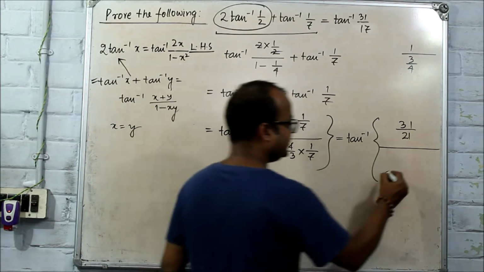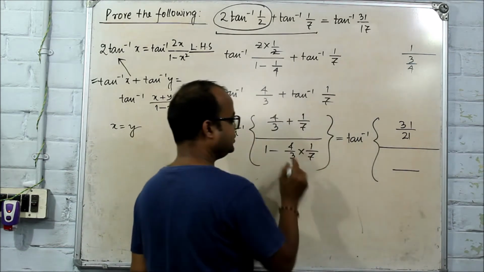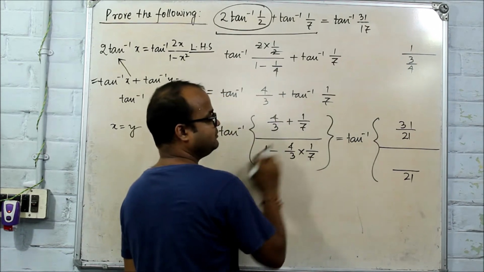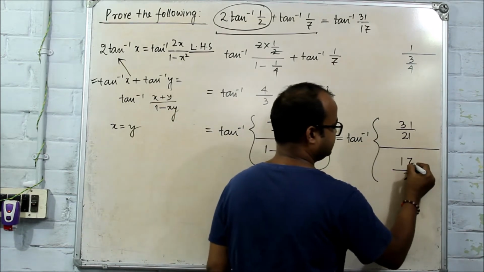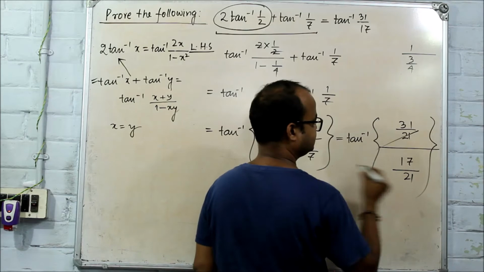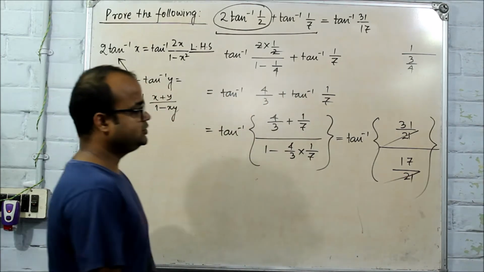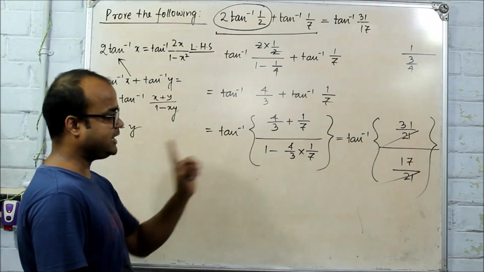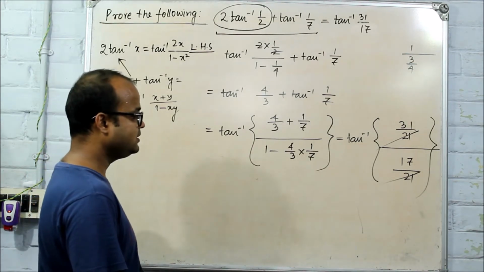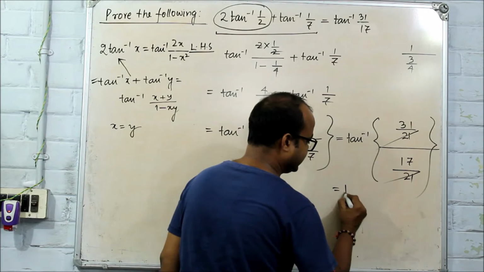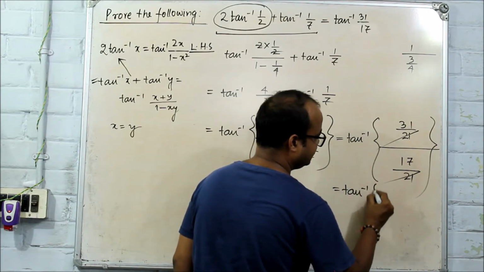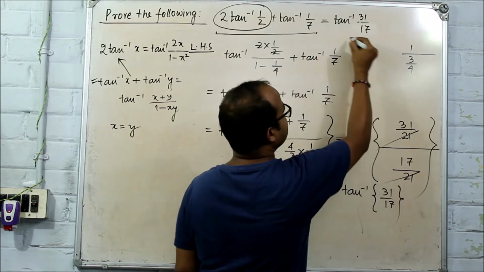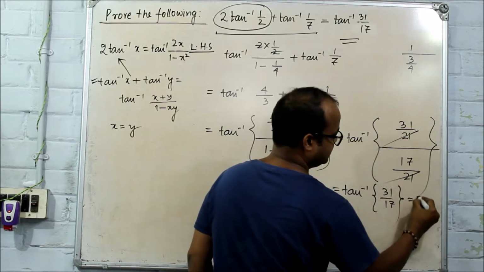Then for the denominator, the LCM is 21, 21 minus 4, that is 17. These two, 21 and 21, the denominator of the numerator and the denominator will cancel each other. So this will be equal to tan inverse of 31 by 17, which is equal to the right hand side.